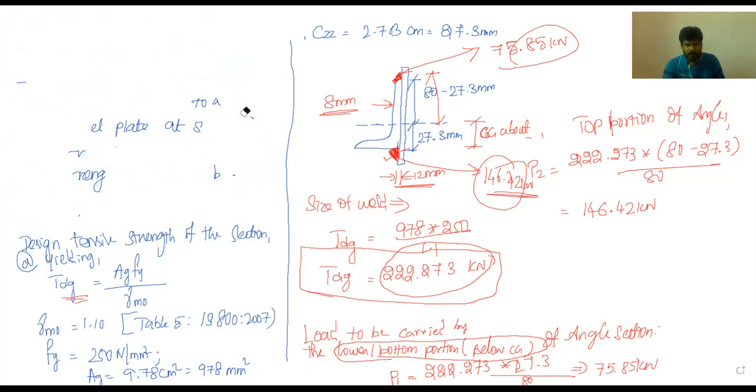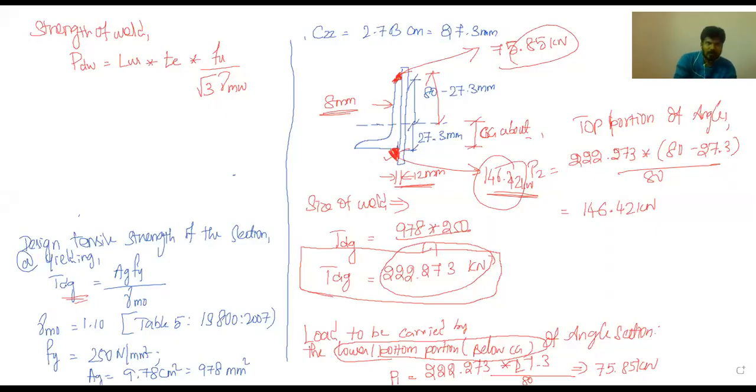So we all know the formula: strength of weld is equal to, so this is the formula we are going to use. Instead of PDW, we are going to use P1, so LW into throat thickness. First we have to find out the size of weld.